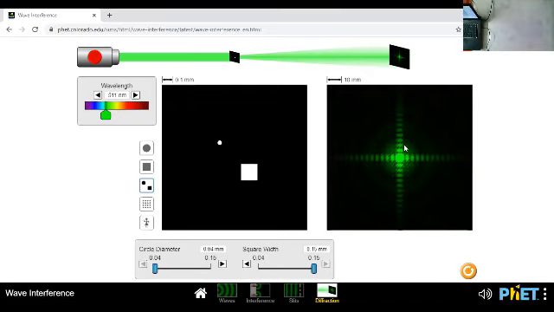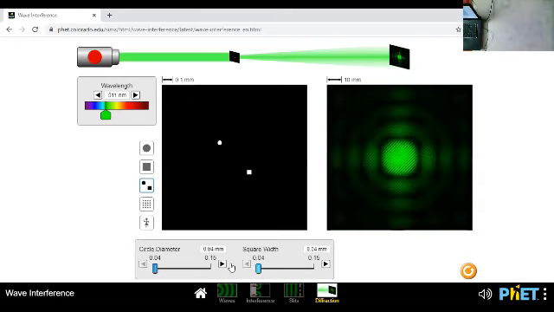For the circle the obstacle is very small but the central maxima is big, and the square obstacle is very big but its central maxima is very small. But when I reduce it here, both are big.